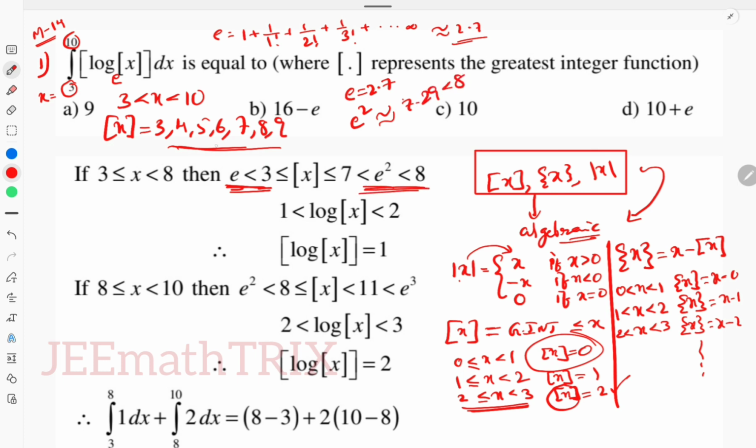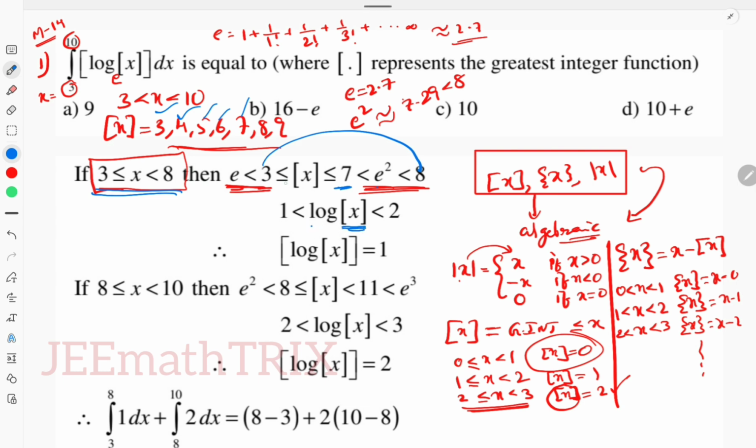Our interval is 3 to 10. In the first case we divide the interval 3 to 10 at 8. Between 3 and 8 we can insert this e square, and 7 is also an integral part of x value. So finally the integral part of x can be 3, 4, 5, 6, 7, because it is strictly less than 8.